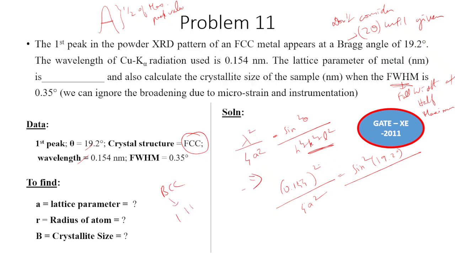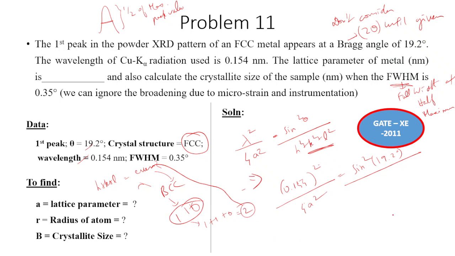Then 110? No. If it was BCC, then your answer would have been correct. 110, because we saw in the previous class, for BCC, h plus k plus l should be even. So the first peak will begin at 110, because 1 plus 1 plus 0 is equal to 2, and that is even, and that is BCC, right?